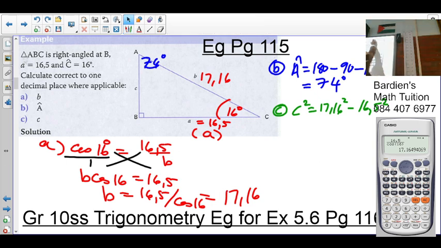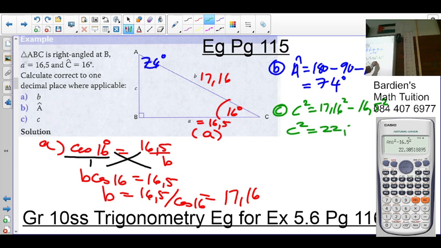So I'm going to say first 17,16. Remember, that's the last answer calculated on the calculator. So I press answer, I'm going to get 17,16, square it, minus 16.5 squared. That gives me an answer of 22,39. And then I'll of course carry on, I take the square root thereof.